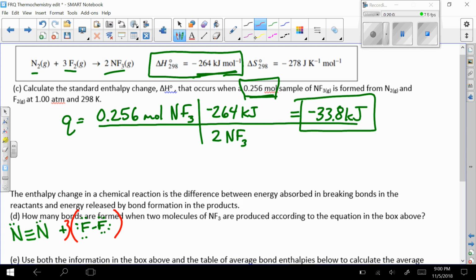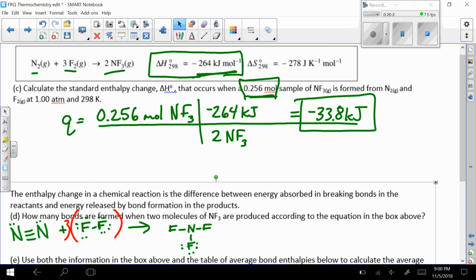So there are 3 of those, and those react and form 2 of these. Okay, so there's the Lewis structure.